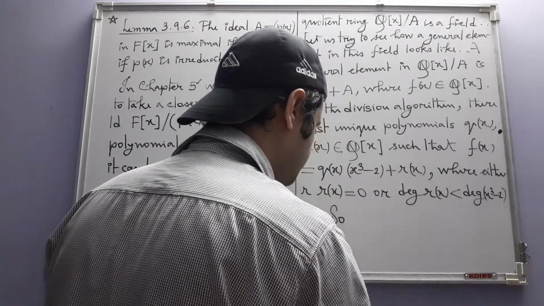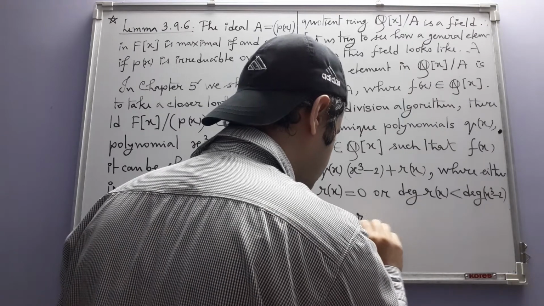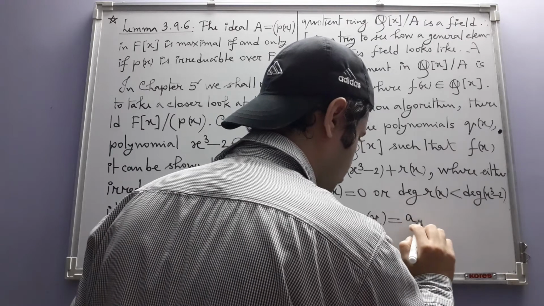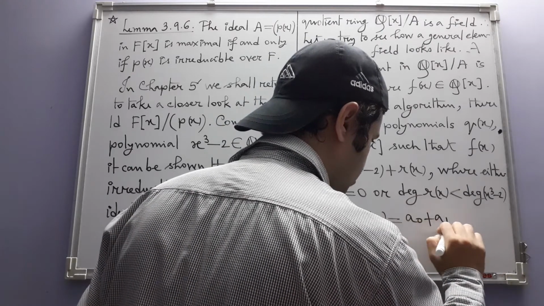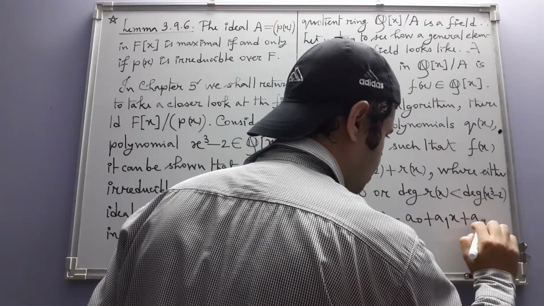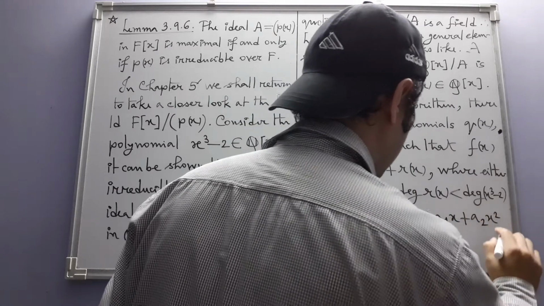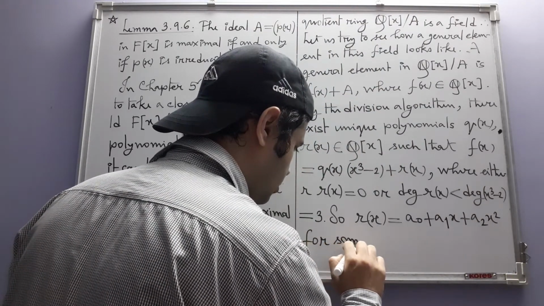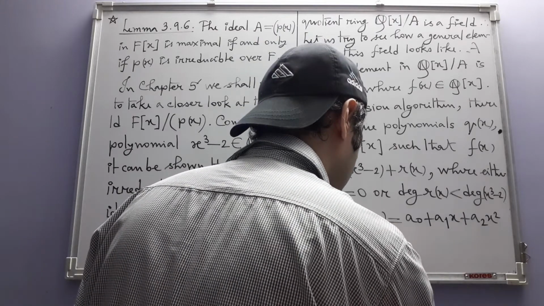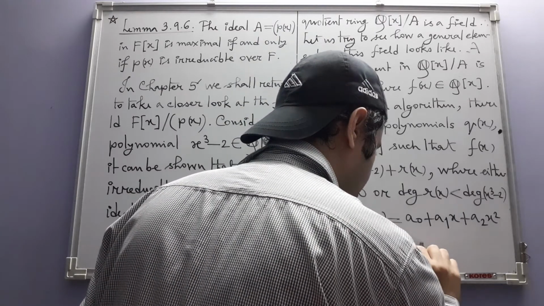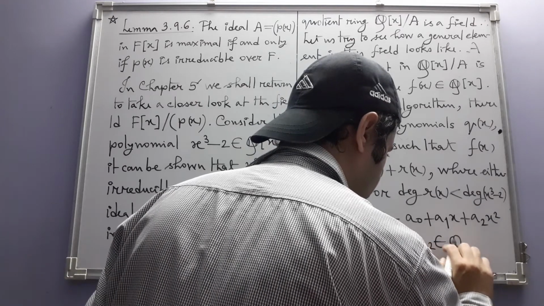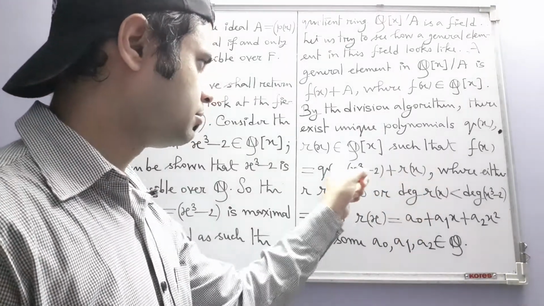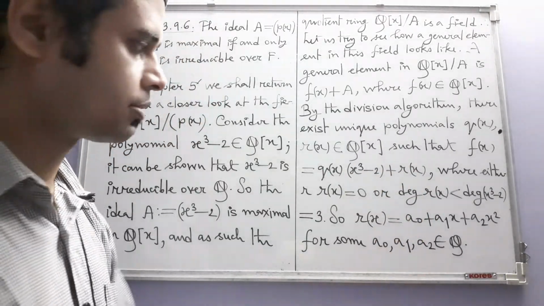So in general rx looks like a0 plus a1x plus a2 x square, for some rational numbers a0, a1 and a2, because rx is after all a polynomial in Qx, so the coefficients will be rational numbers.